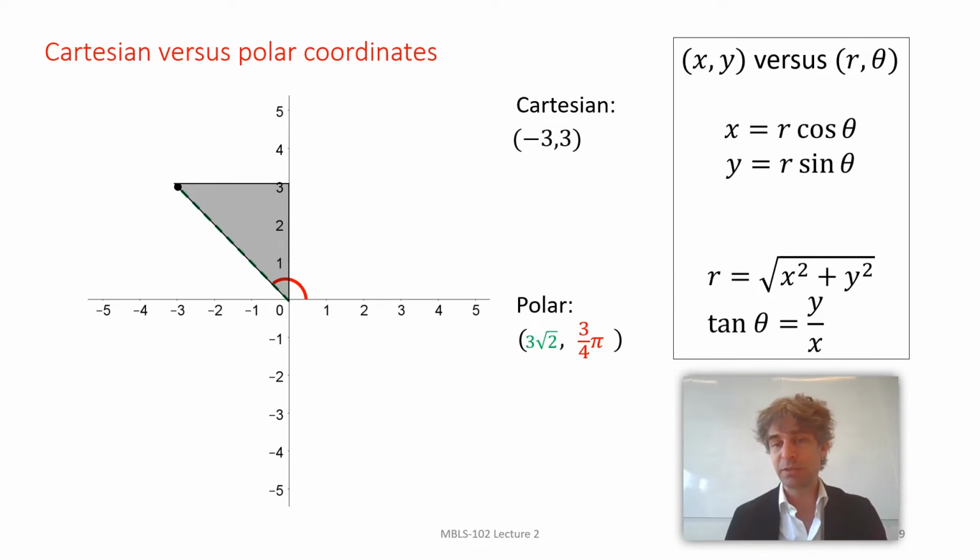So you could check for yourself that 3 times square root of 2 times the cosine of 3/4 of pi is 3 times the square root of 2 times minus a half square root of 2, and then you compute and you get exactly your -3. And same for the sine. I think I forgot the minus sign there, but you know what I mean. All right, so that's how you can move back and forth. Either, what I would prefer, make a drawing and use a bit of your insight, or use these lovely formulas.